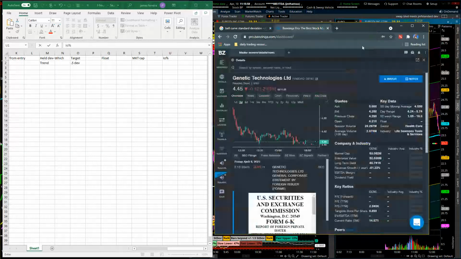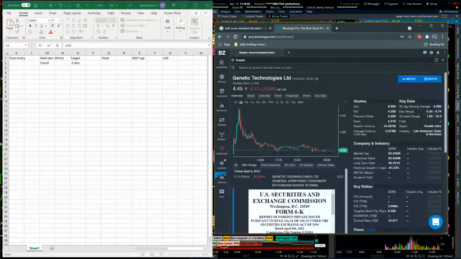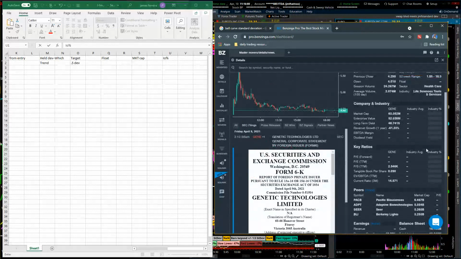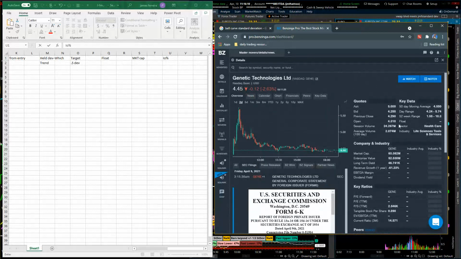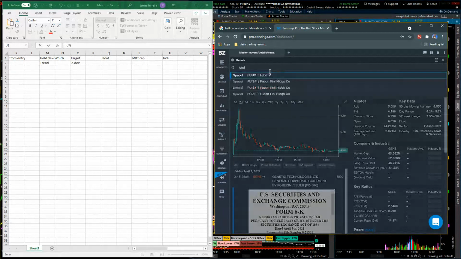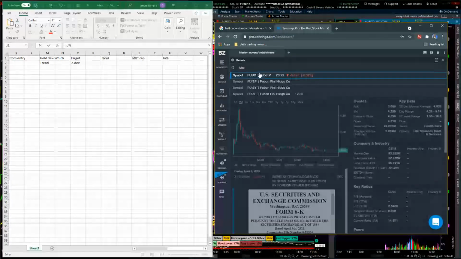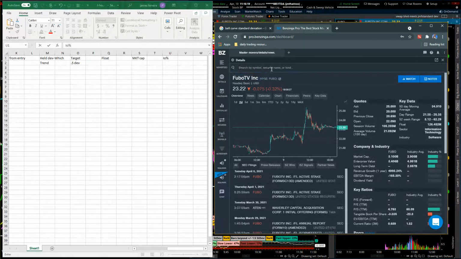I like that. So I'm just for small cap momentum names specifically. Not saying Fubo is a small cap. I'm just using Fubo because it moved yesterday. So let's pull that up real quick. Yeah, Fubo's 126 million.